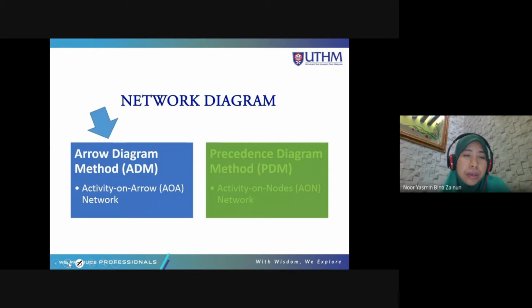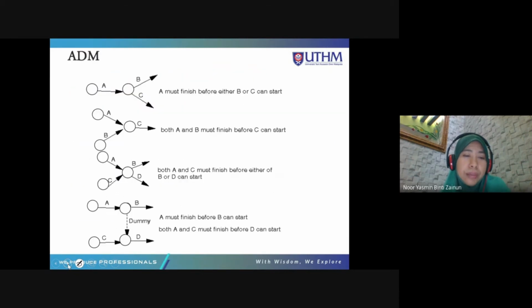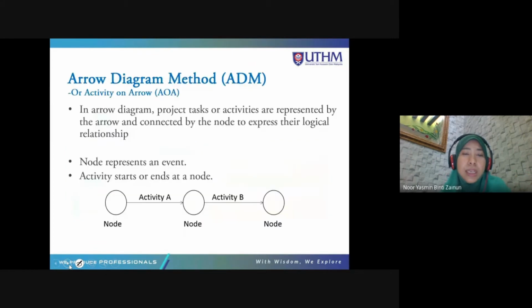We go to the arrow diagram method first, which is ADM. In an arrow diagram, project tasks or activities are represented by the arrow. So the activity is written on the arrow, and that's why it's called the arrow diagram method.